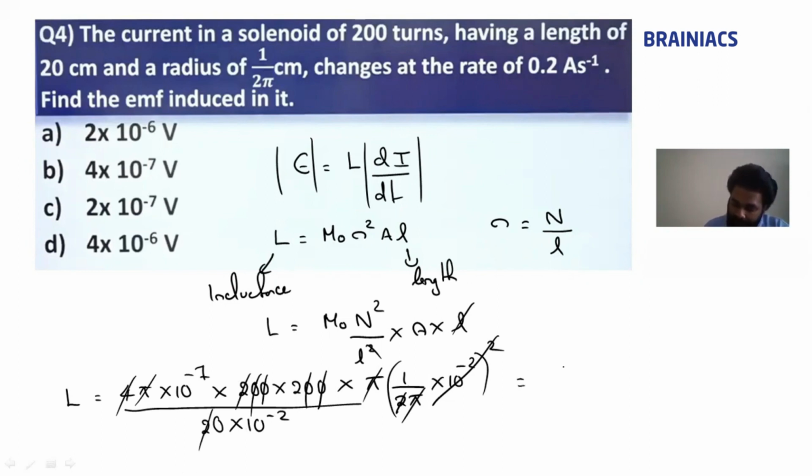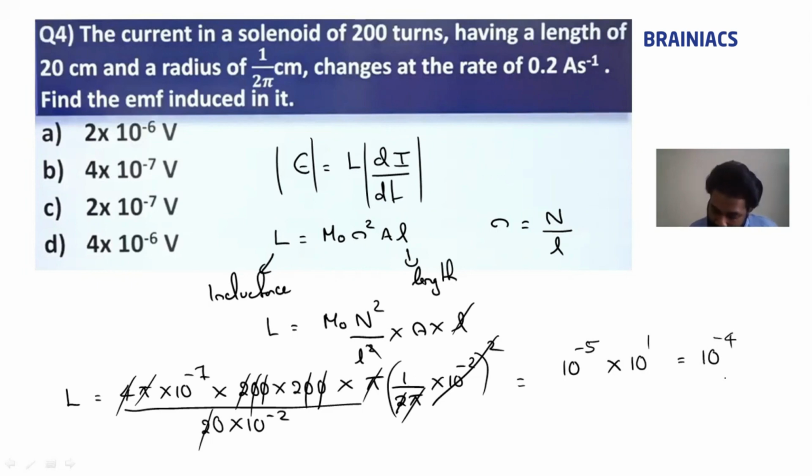Finally, we are getting 10 raised to minus 5 into 10 raised to 1. So I am getting here what? 10 raised to minus 4.